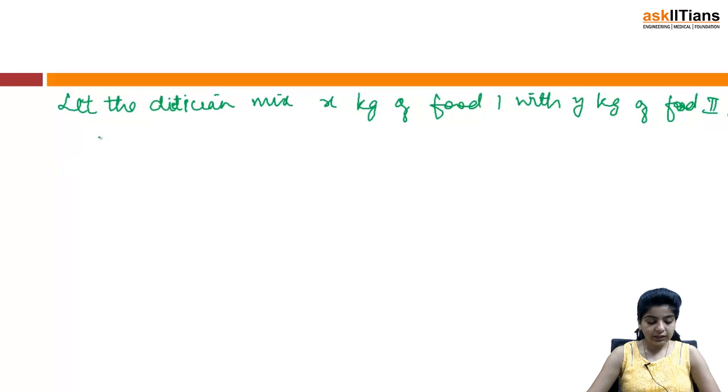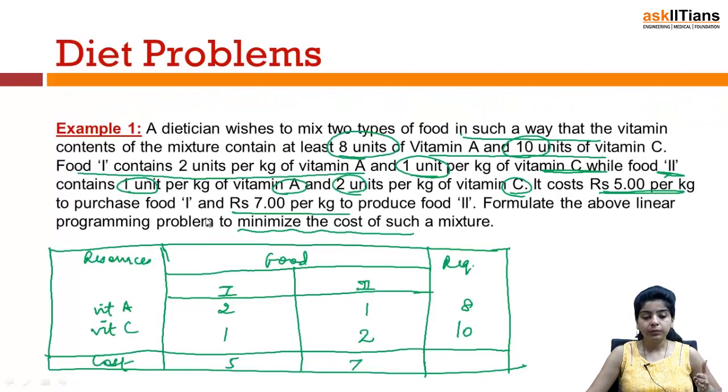So in that case, obviously x is greater than or equal to 0 and y is greater than or equal to 0. And next, 1 kg of food 1 contains 2 units of vitamin A and 1 unit of vitamin C. In the case of food 2, it's 1 and 2.